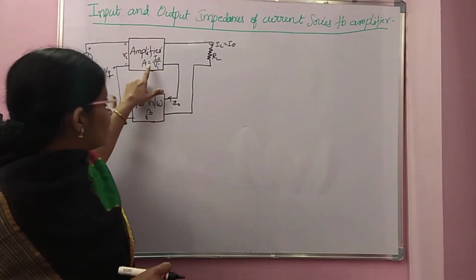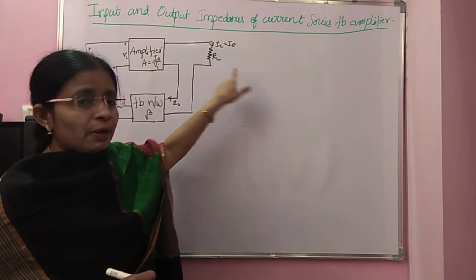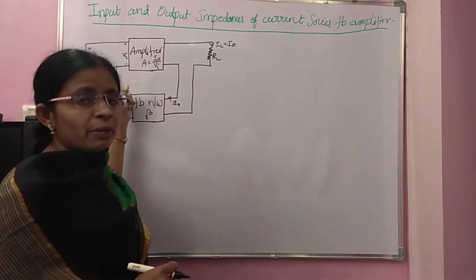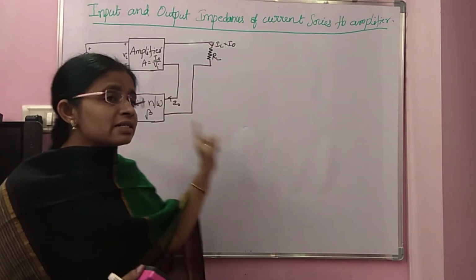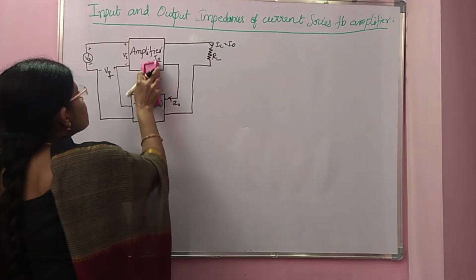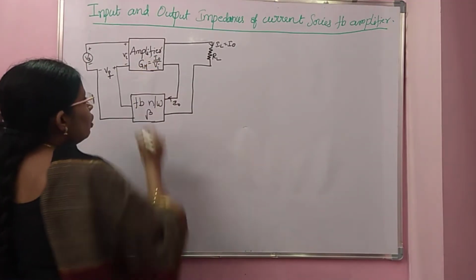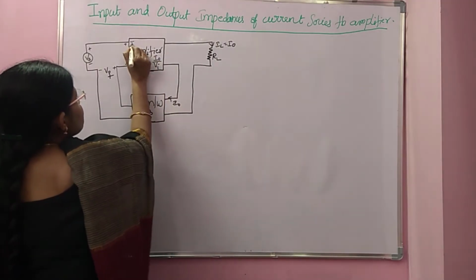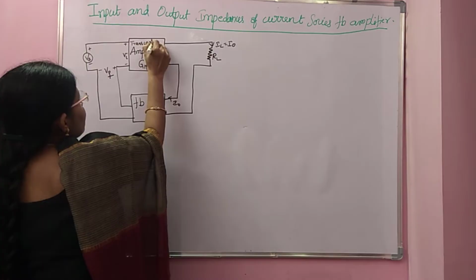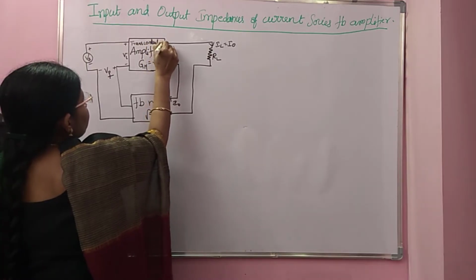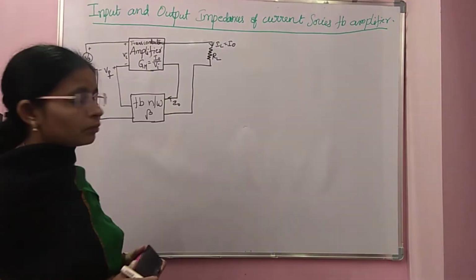But if you see this, it is I0 by Vi. One parameter is the output parameter and another one is the input parameter. That is the reason you have to use trans. As this is conductance, let me replace this A with Gm. So what type of amplifier is it? It is a trans-conductance amplifier.